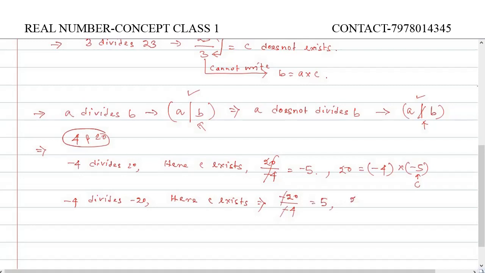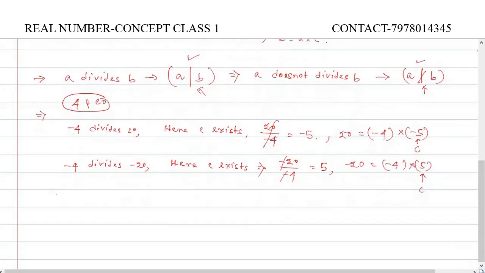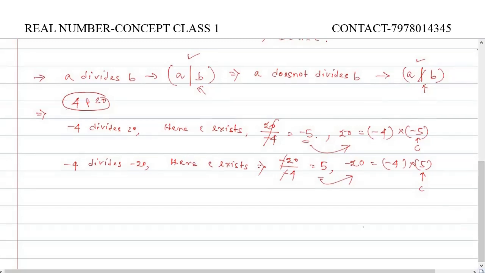So we write minus 20 is equal to a into c. So again c exists. Like this you can check by a simple division process whether c exists or not. If c exists, then you can write it in this divisibility statement.